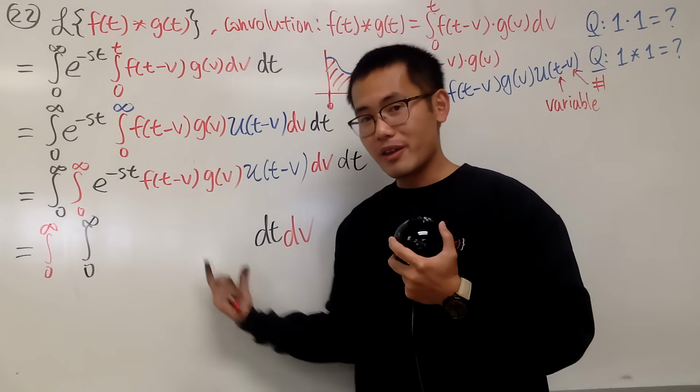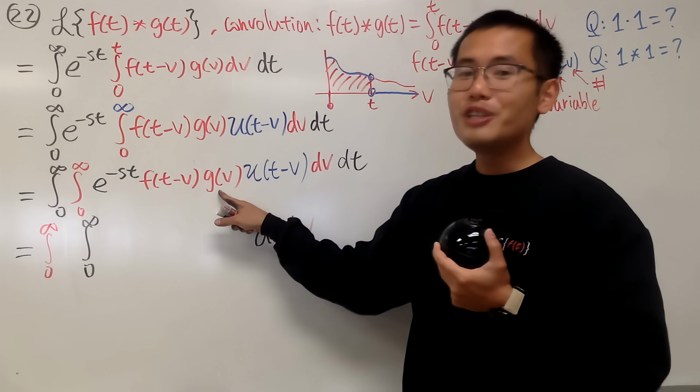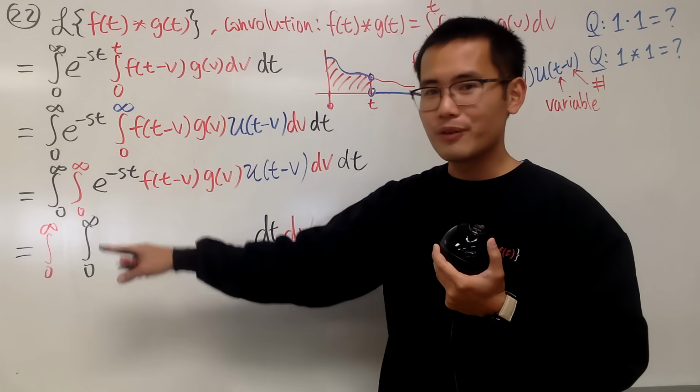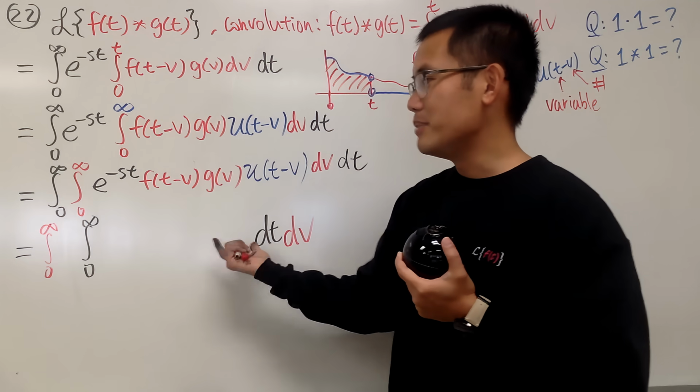You can put it down right here, but in the t world, g of v is a constant, so we can put that to the front. This right here has to stay because it has the t. This and that, they also have to stay because they have the t.